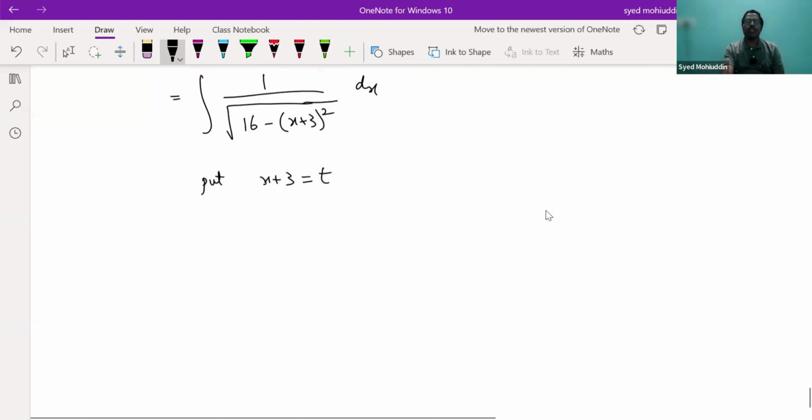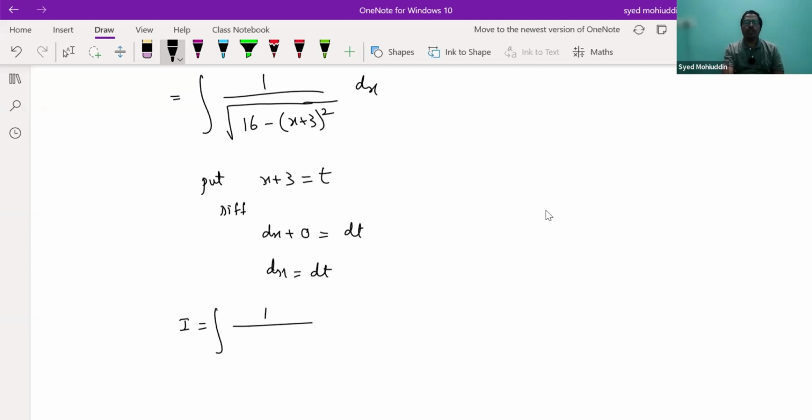Now let us differentiate this one. dx plus the derivative of the constant 3, which is 0, is equal to dt. If you just ignore that 0, dx will be equal to dt. Hence we get I is equal to the integral of 1 by root of 16, which can be written as 4², minus x + 3 is t, so we get t², times dx.